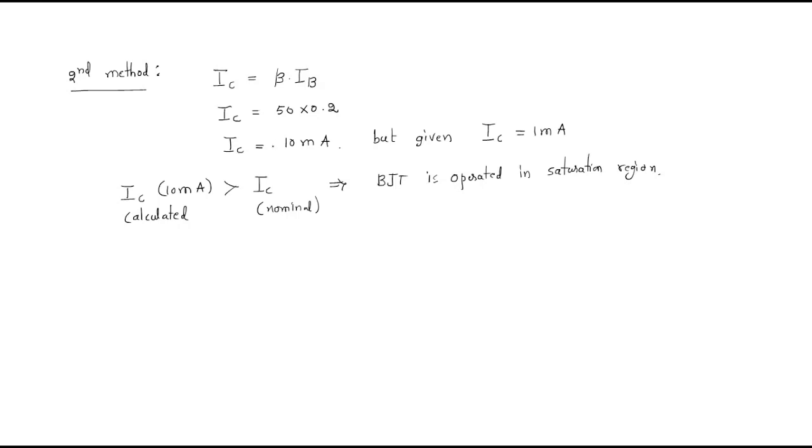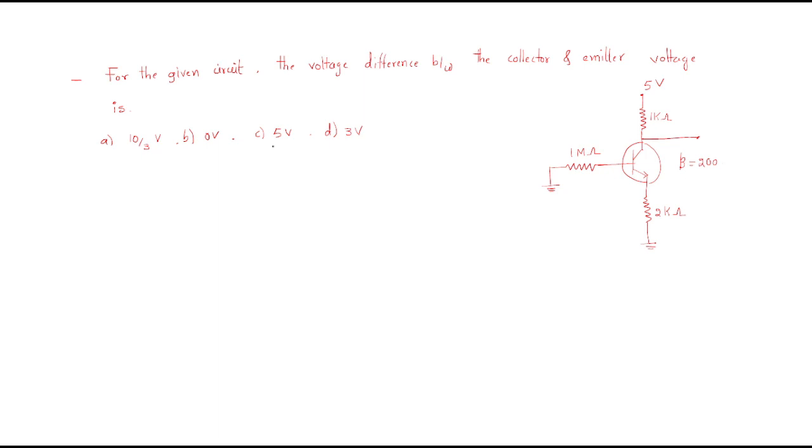And we will go for the next problem. Here for the given circuit, he is asking to find the voltage difference between the collector and emitter, that means the VCE value.